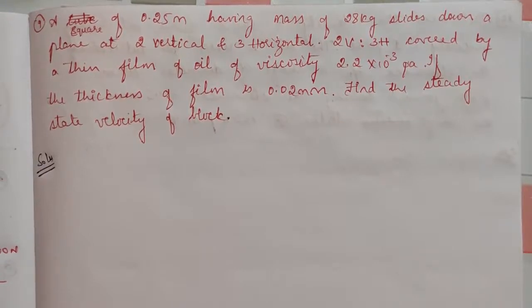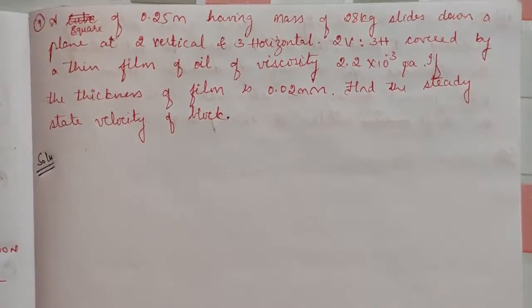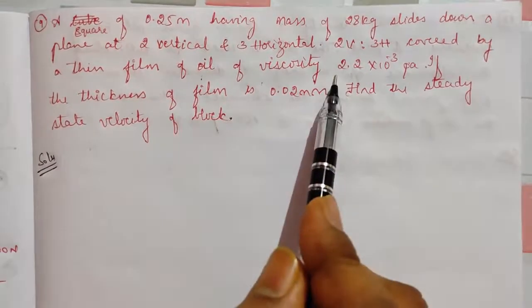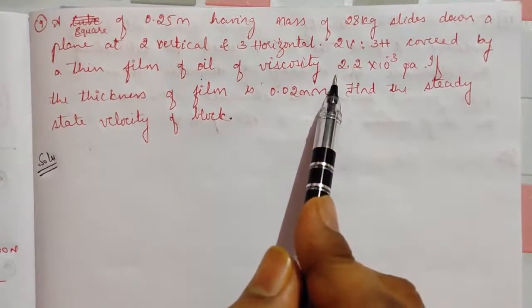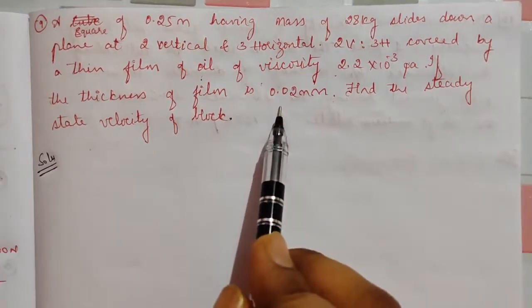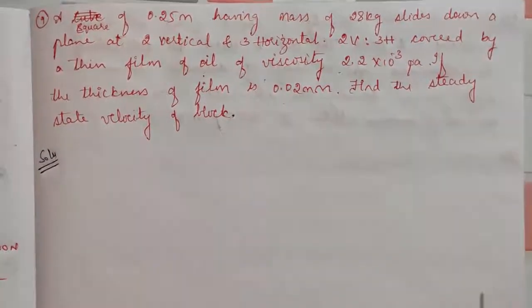So here the inclination, the theta in degrees, has not been given, they have given it in ratio form, that is 2 vertical and 3 horizontal, covered by a thin film of oil of viscosity 2.2 into 10 power minus 3. If the thickness of the film is 0.02 mm, find the steady state velocity of the block.